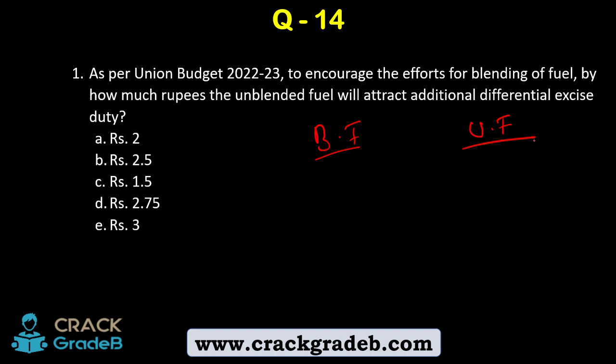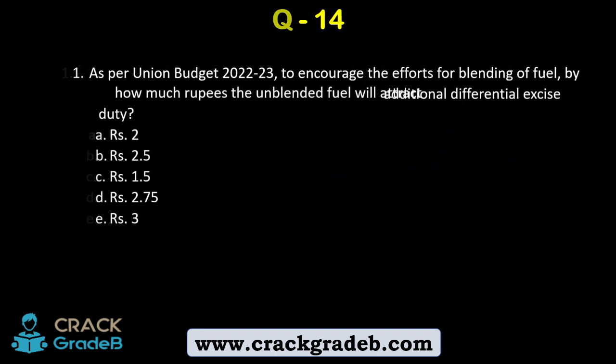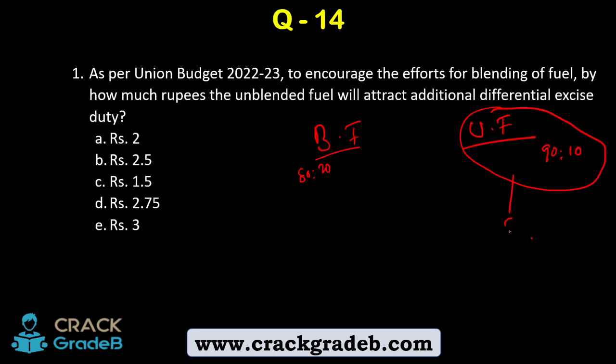In unblended fuel, there will be ethanol, but the mixing ratio would be less. Here it would be 80:20, 20% ethanol, 80% petrol. Here 90% petrol, 10% ethanol. So this particular fuel will be charged extra, let us see the answer. I think it's 2 rupees, yeah. So it will be charged 2 rupees extra.